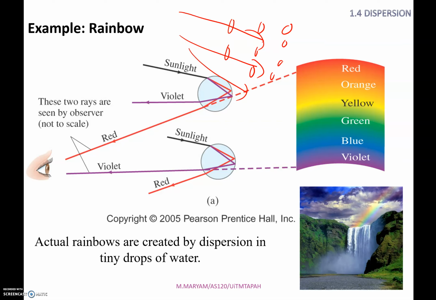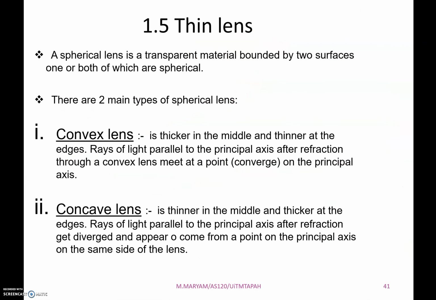These droplets of water will start to disperse the white light into 7 colors. So that's how rainbows are created. So what you can do is, again, go and find an example of dispersion and total internal reflection, and if you have the time, go and look through thin lenses, because this will be the next topic that we are going to learn next week.